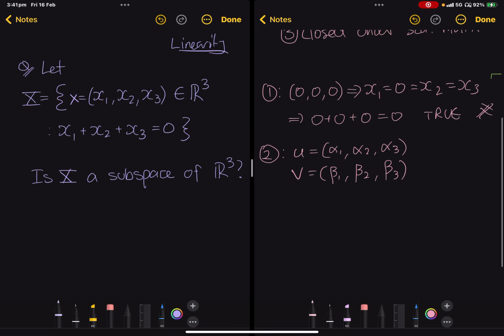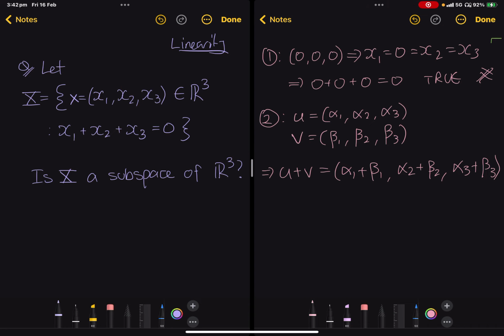Now we are going to add these. So we get u plus v is equal to alpha 1 plus beta 1, adding them piecewise, alpha 2 plus beta 2, alpha 3 plus beta 3. And then when we look at this vector, we need to work out if this particular vector satisfies the conditions we're after.